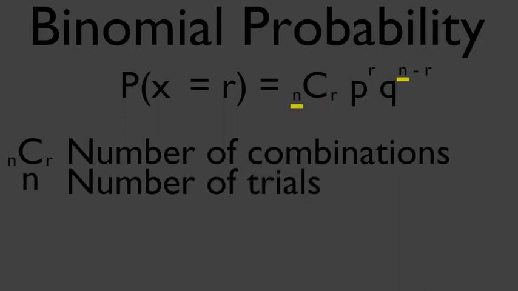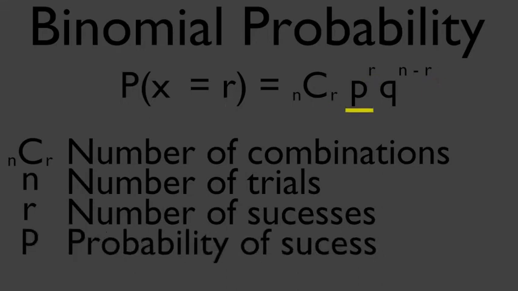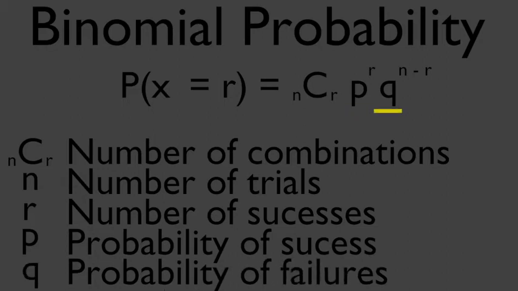N is the number of trials, or the number of times we flip the coin. R is the number of successes, or the number of times that we got heads. P is the probability of success, the probability that we'd flip a heads. And Q is the probability of failure, or the probability that we don't get a heads, or a tails in this case.